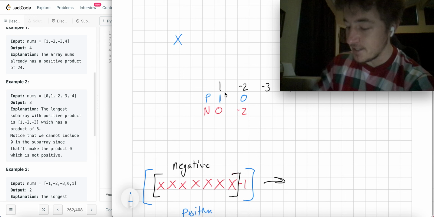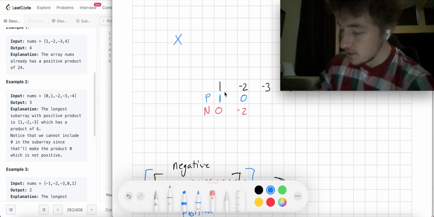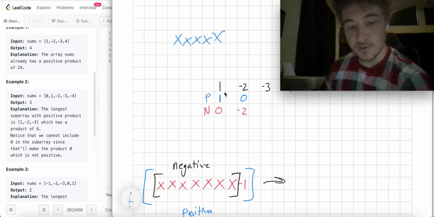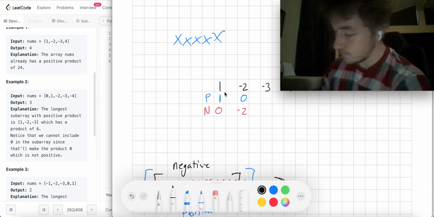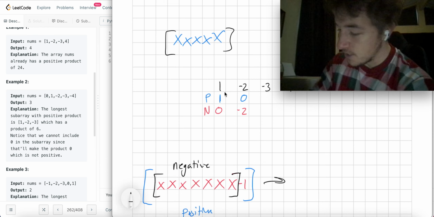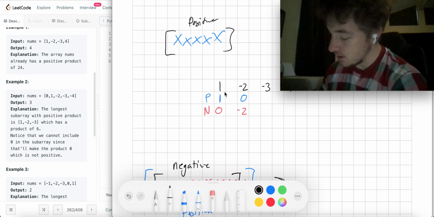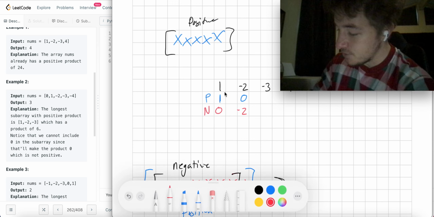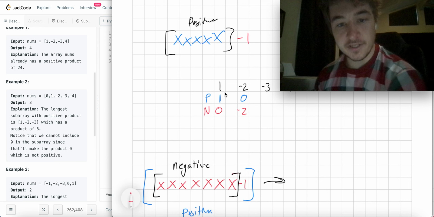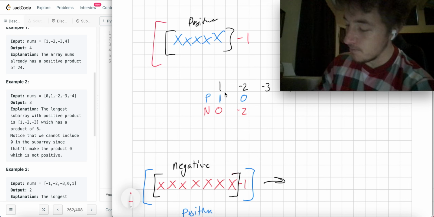If we had x here, a system of x's that were all positive, I'm using blue to represent positive, right, where this is positive. If I attach a negative to it, like -1, for example, this whole system becomes negative.